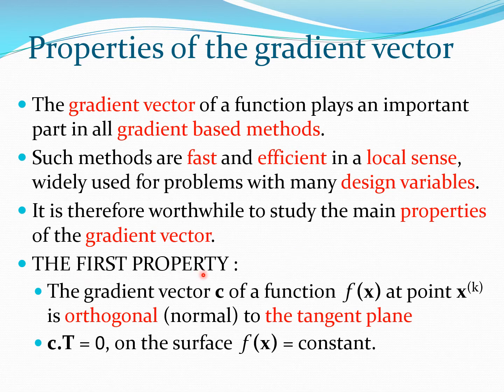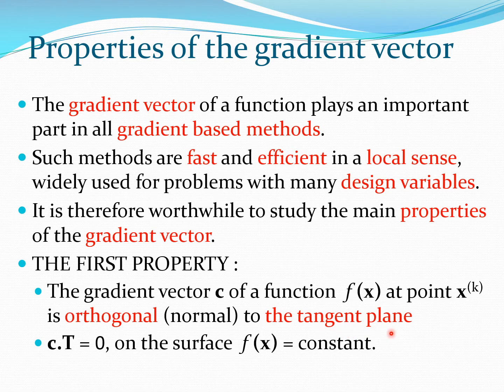The first property of the gradient vector is that the gradient vector c of a function f of x at some point xk is normal to the tangent plane. You can visualize a function f of x which is a curve in space, and you can think of a tangent at a particular point xk. If you have a curve in simple one dimension, you have a tangent line.